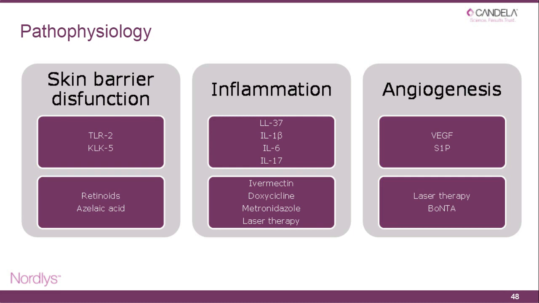Almost all of the therapies that we are using address these two pathways, mainly the IL-17 pathway, and here laser therapy already has an important role. And finally, the angiogenesis, mediated by VEGF and the neuropeptide S1P, that we can address with laser therapy and botulinum toxin type A.